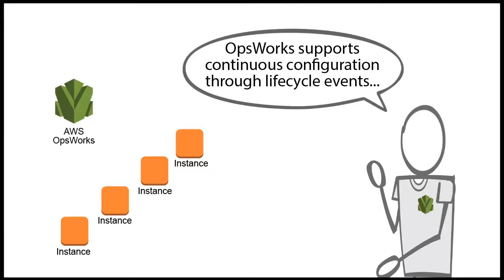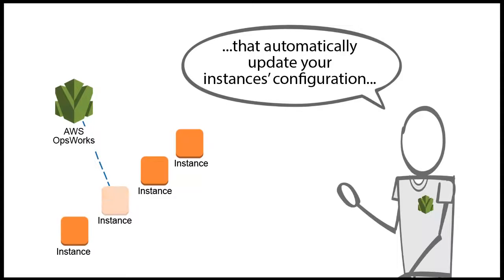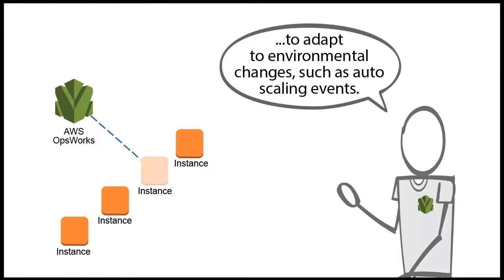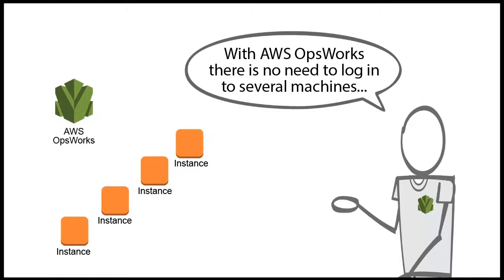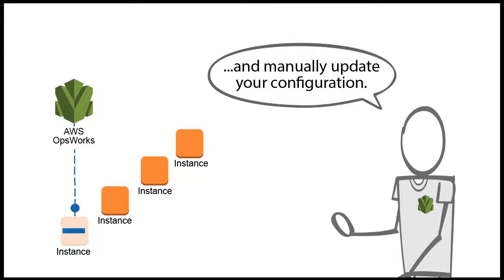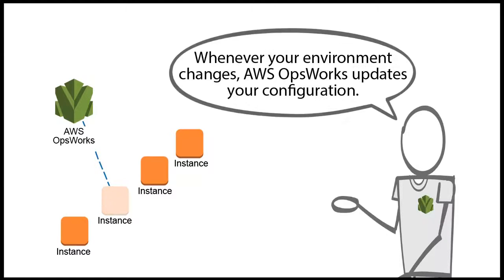OpsWorks supports continuous configuration through lifecycle events that automatically update your instance's configuration to adapt to environmental changes, such as auto-scaling events. With AWS OpsWorks, there is no need to log into several machines and manually update your configuration. Whenever your environment changes, AWS OpsWorks updates your configuration.